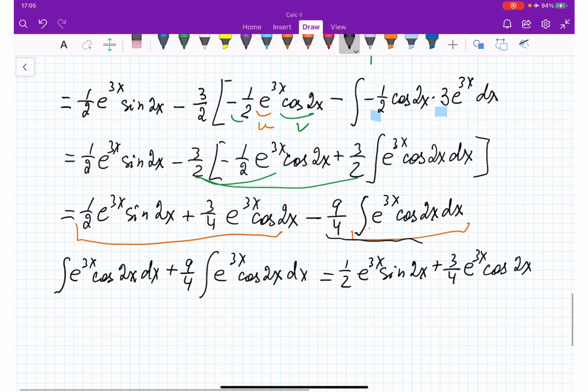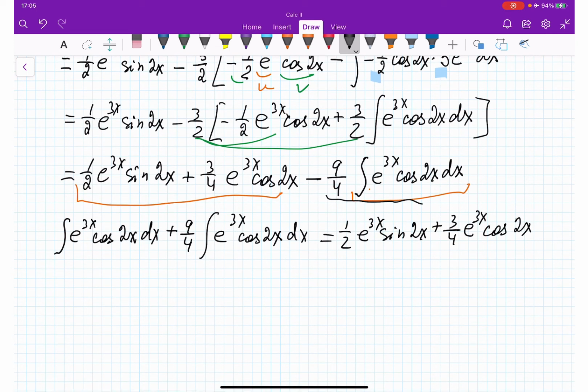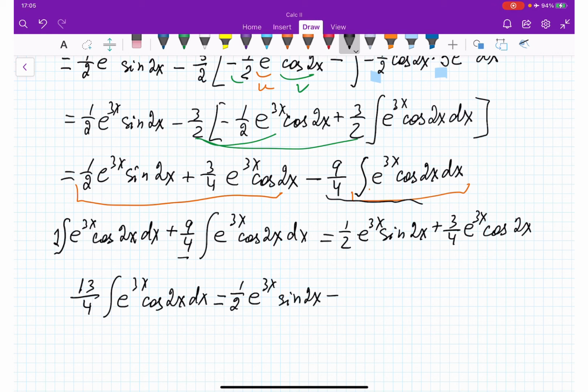So we get 1/2 e to the power 3x sine 2x plus 3/4 e to the power 3x cosine 2x. Okay, so I'm getting from here, this is 1, and here I have 9/4. It's going to be together 13/4 integral e to the power 3x cosine 2x dx, and it's equal to 1/2 e to the power 3x sine 2x plus 3/4 e to the power 3x cosine 2x.